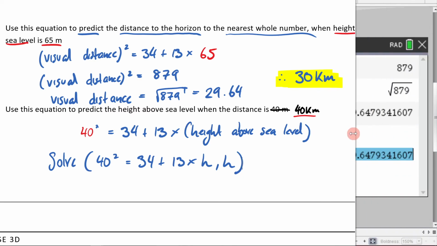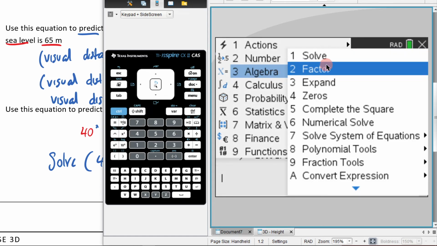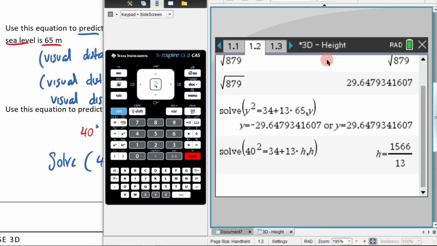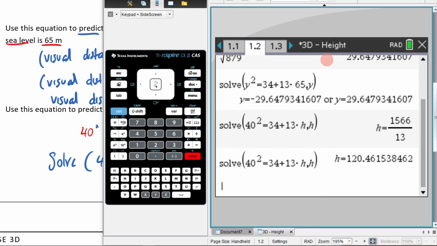I'm going to go menu, algebra, solve, and it's going to be 40 squared is equal to 34 plus 13 times h, comma h, just like that. Oh, and I forgot to hit control enter. So it's going to be 120.